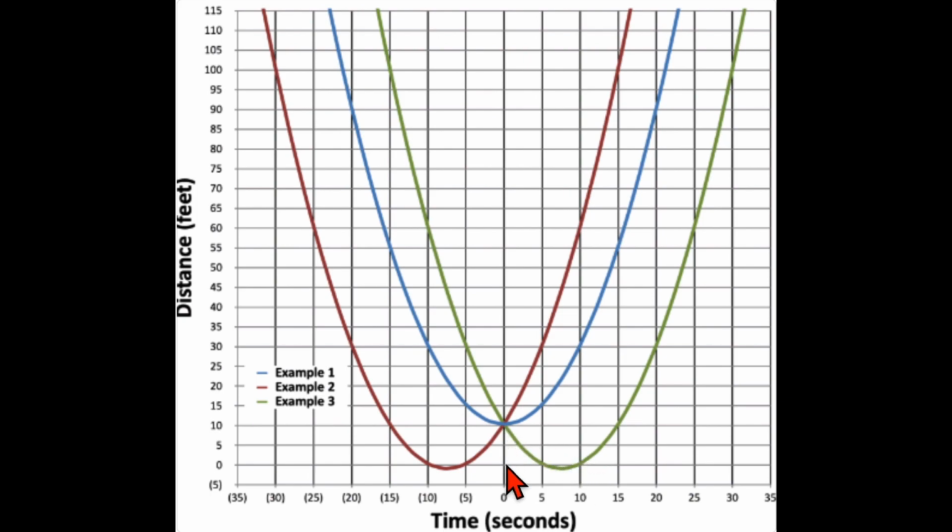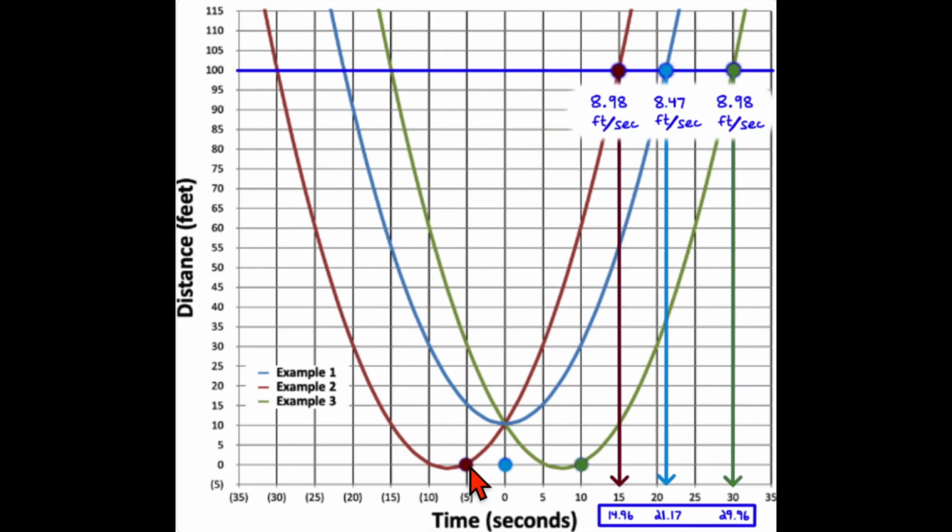So because of that shift, when you travel 100 feet out from point 0, here's point 0 for body 2, point 0 for body 3, travel 100 feet out for both of those, the corresponding point for body 1 has been shifted.